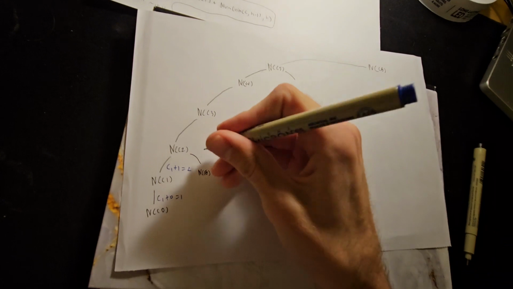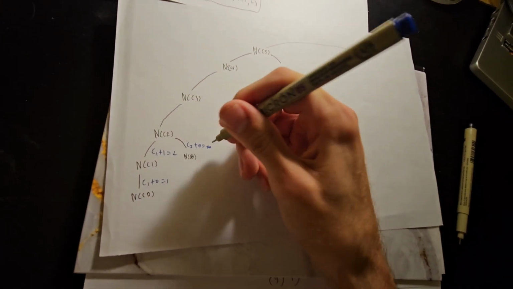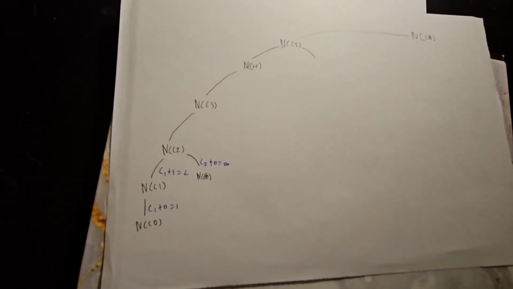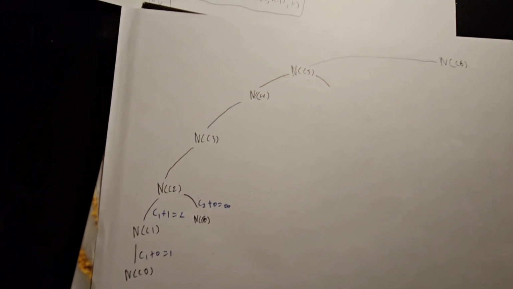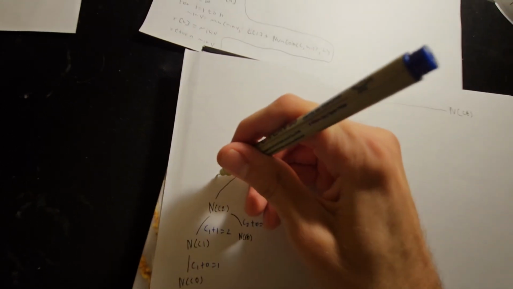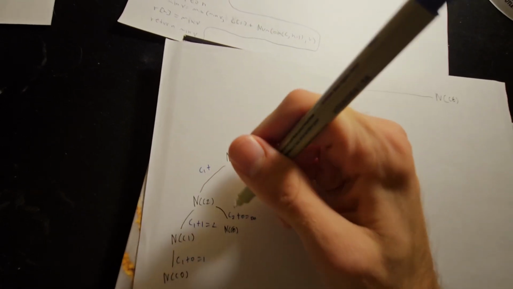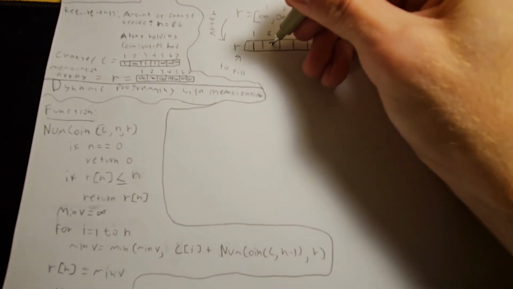This is going to be a C2 plus 0 equals infinity. Then we are going to go and save. So this is going to pick out of here. This is a C1, by the way. It's going to be 2. We're going to come over here, we're going to see that, and we're going to save it in here. So 2 is now 2.